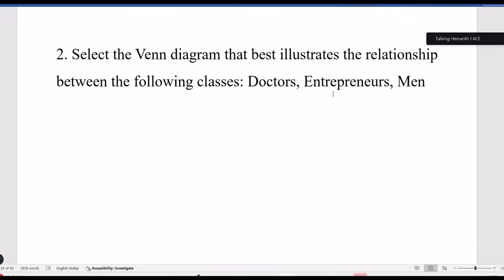For these three terms, we need to find the diagram. Considering all these three practically, what diagram is suitable? Some men are doctors. See, doctors and men, practically all men are not doctors. All men may not be entrepreneurs. Some men are doctors, some men are entrepreneurs.